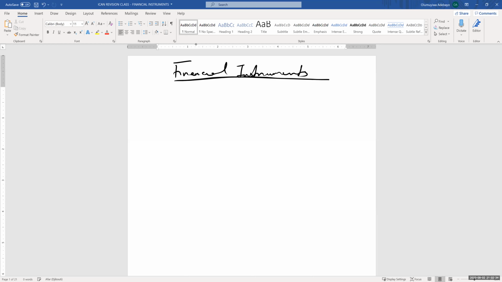Now, let us look at it. Question 4, Fire PLC. Now, we said a convertible security that has a fixed conversion ratio agreed upon at the time both parties enter into that contract will be considered a compound instrument.